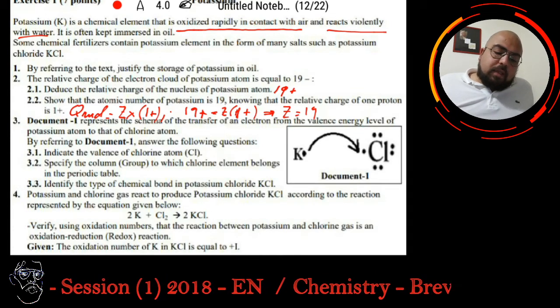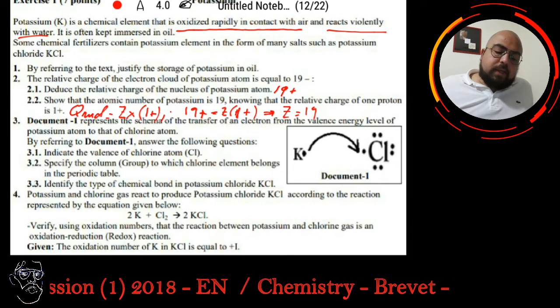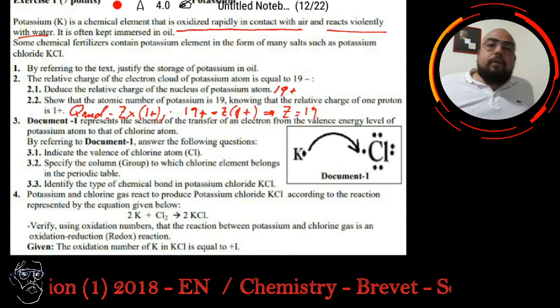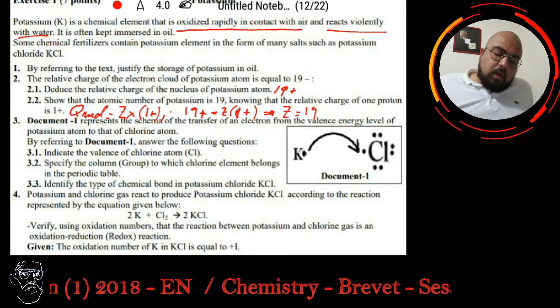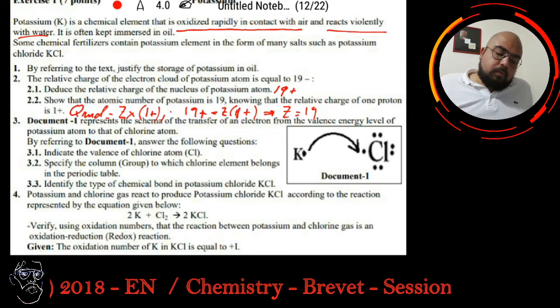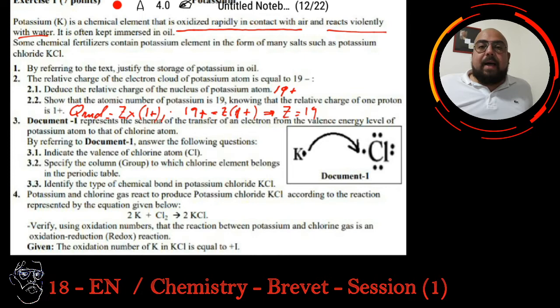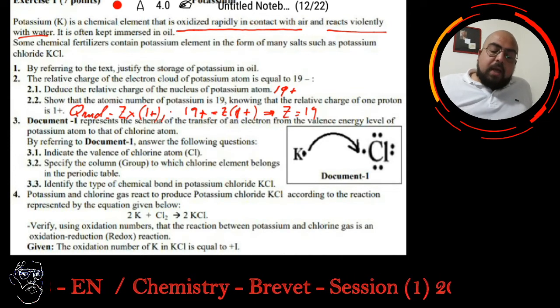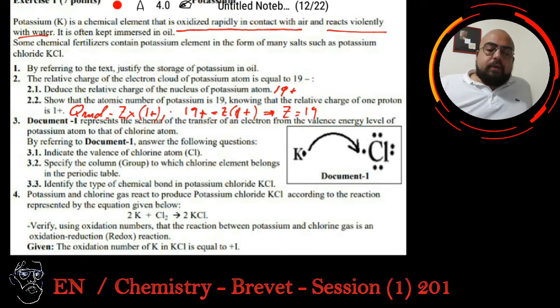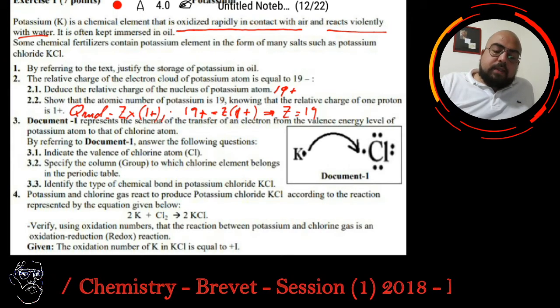Document 1 represents the schema of the transfer of an electron from the valence energy level of potassium atom to that of chlorine atom. By referring to document 1, answer the following questions. Indicate the valence of chlorine atom, Cl. In order to find out the valence, you need to check the Lewis representation of Cl.